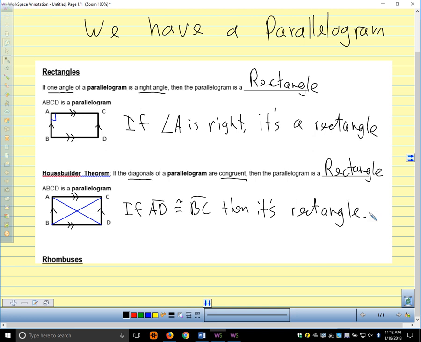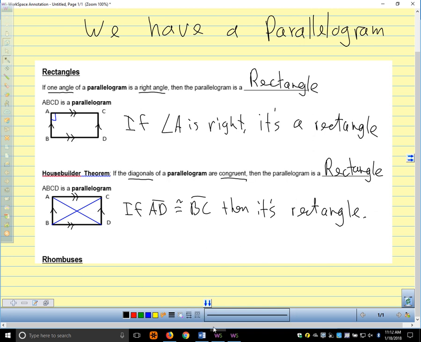They made sure the diagonals were congruent to make sure their foundation was a rectangle. So that's why we call it the house builder theorem. People have known this idea, maybe not as a geometry idea, but as a building idea, for a long time. It's kind of an interesting fact. All right, we have those two.